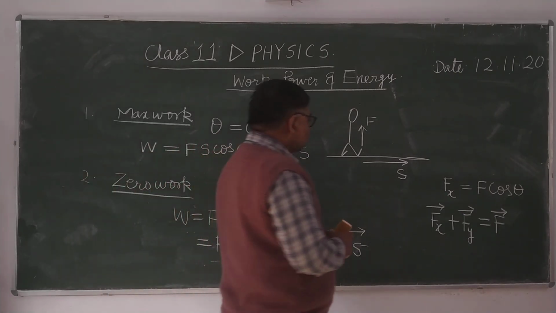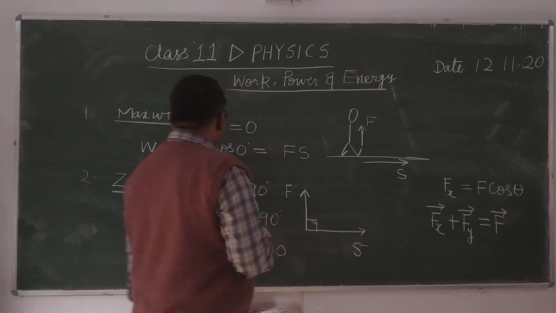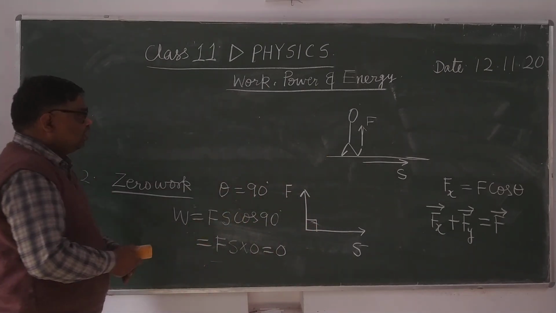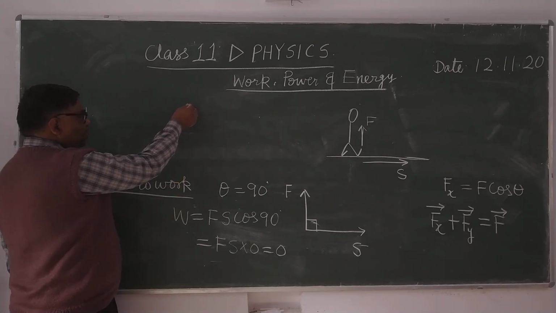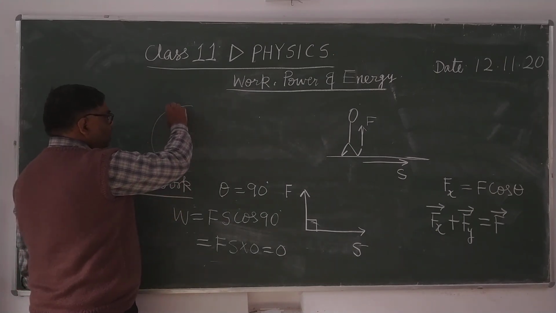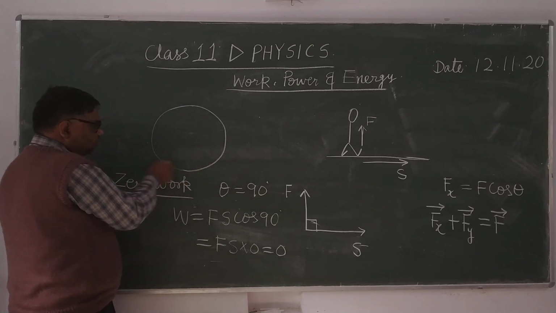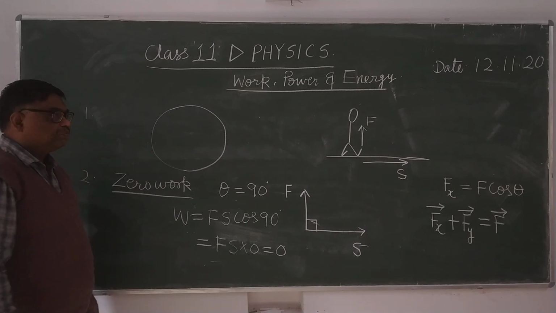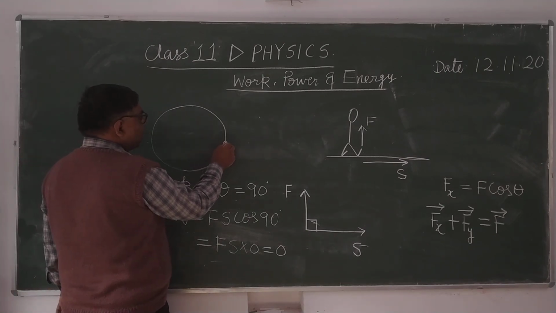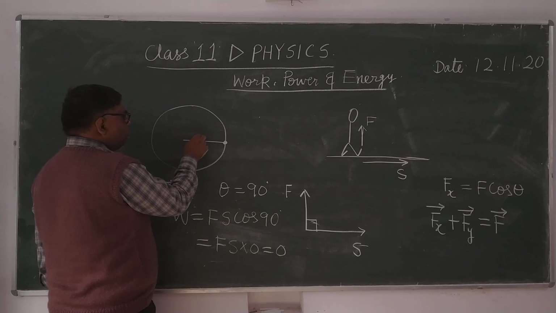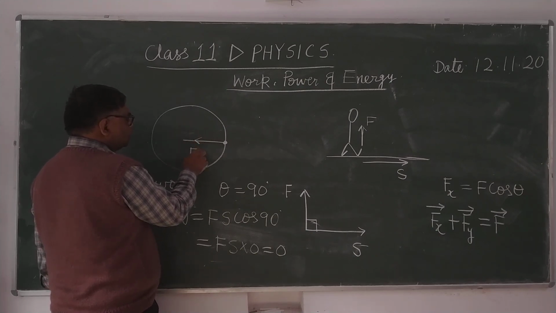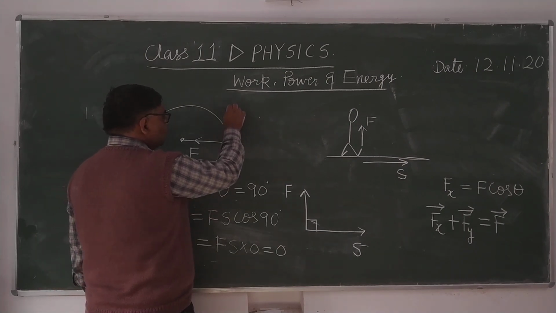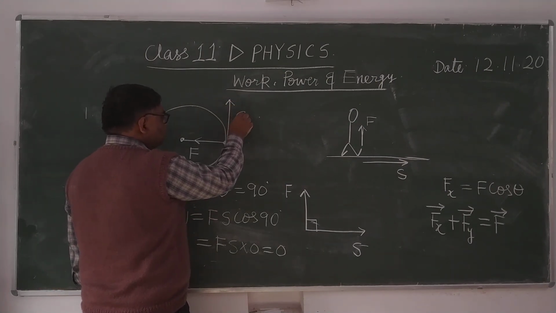Now, there is one more condition of 0 work. You have heard about uniform circular motion. In uniform circular motion, the body is moving on a circular path with a constant speed. As you know, uniform circular motion takes place under the influence of a centripetal force which acts towards the center of the circular path, while the displacement is along the tangential direction.